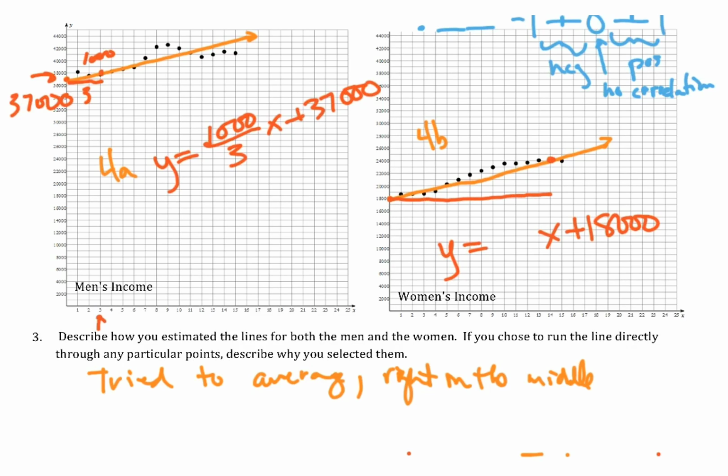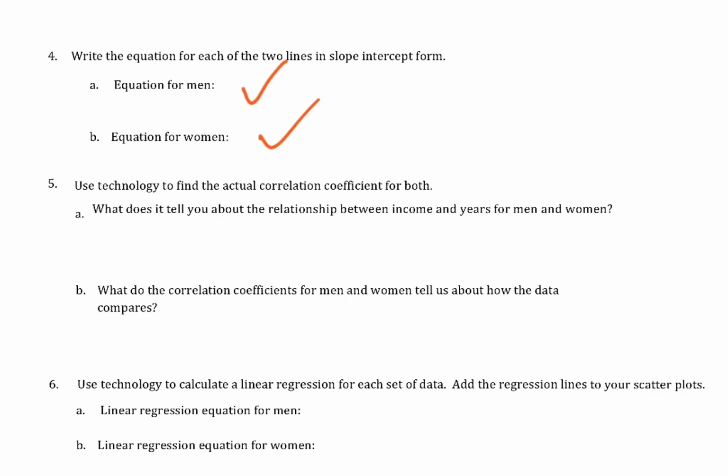From 18,000 to that one, it's 14, so 14 on the bottom. Then I go up 2, 4, 6,000. So 6,000 over 14, which could be reduced, but I'm not going to reduce it. So that was 4A and 4B.